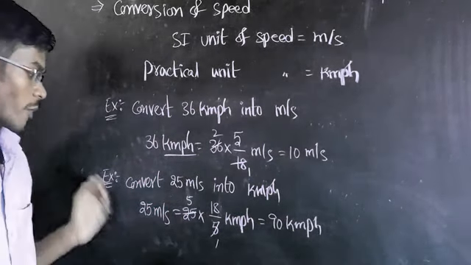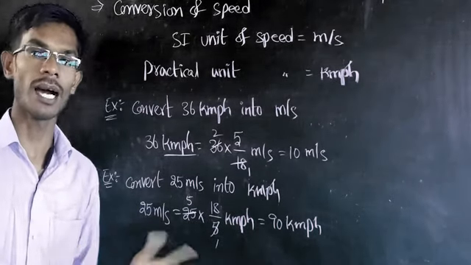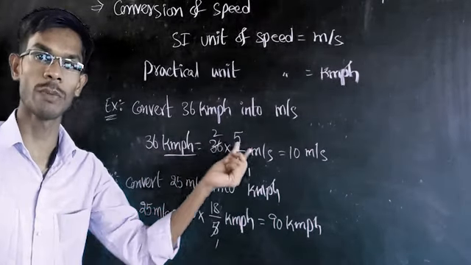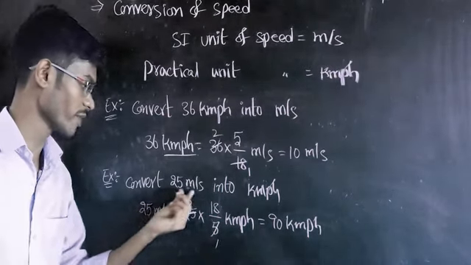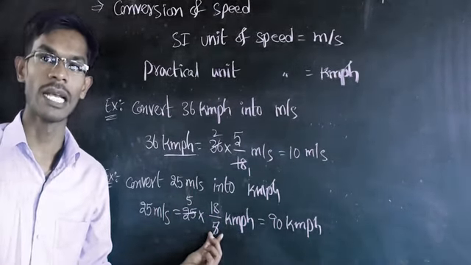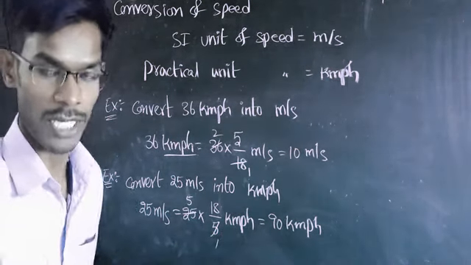So 25 meter per second is equal to 90 kilometer per hour. See what we have done: to convert from kilometer per hour to meter per second, we consider the fraction 5 by 18, and to convert from meter per second to kilometer per hour, we consider the fraction 18 by 5. So this is about the speed conversion.